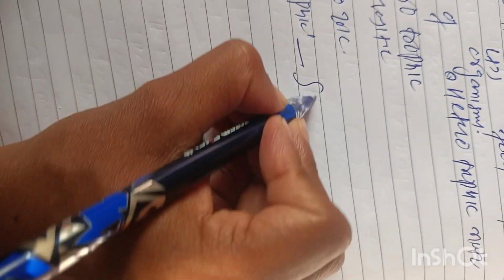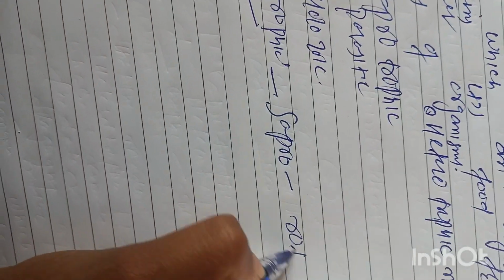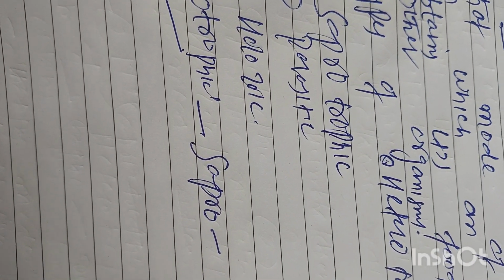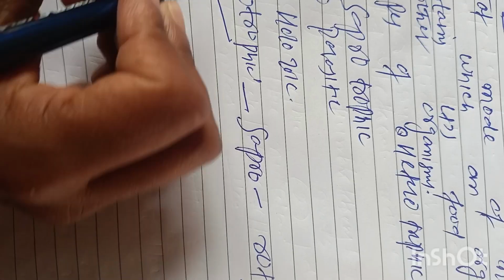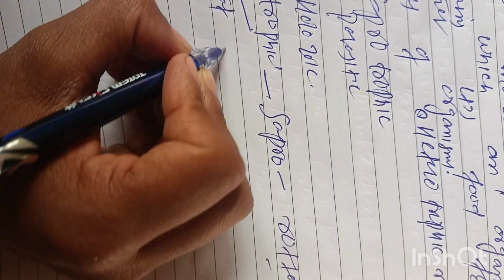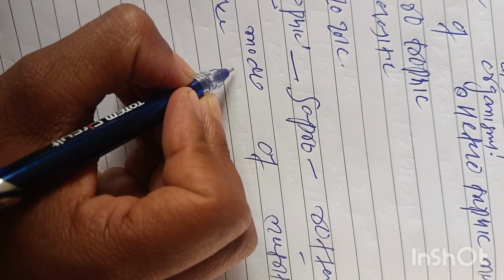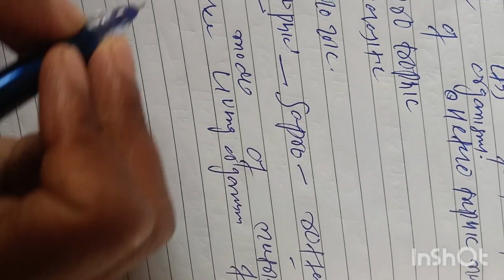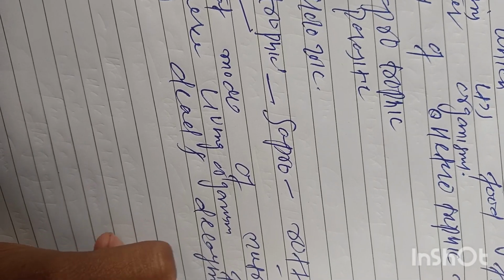It is derived from the word sapro. Sapro means rotten. So saprotrophic nutrition is that mode of nutrition where organisms feed on dead and decaying matter, right? I can write here: mode of nutrition where living organisms feed on dead and decaying organic matter.